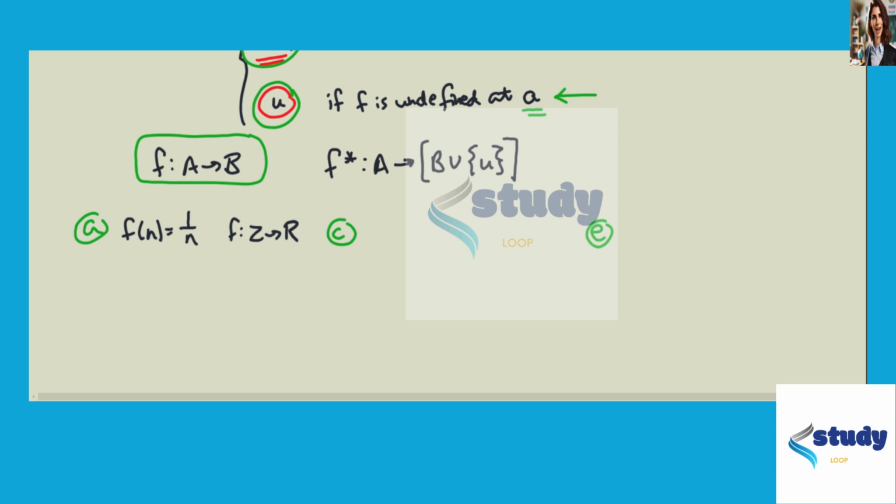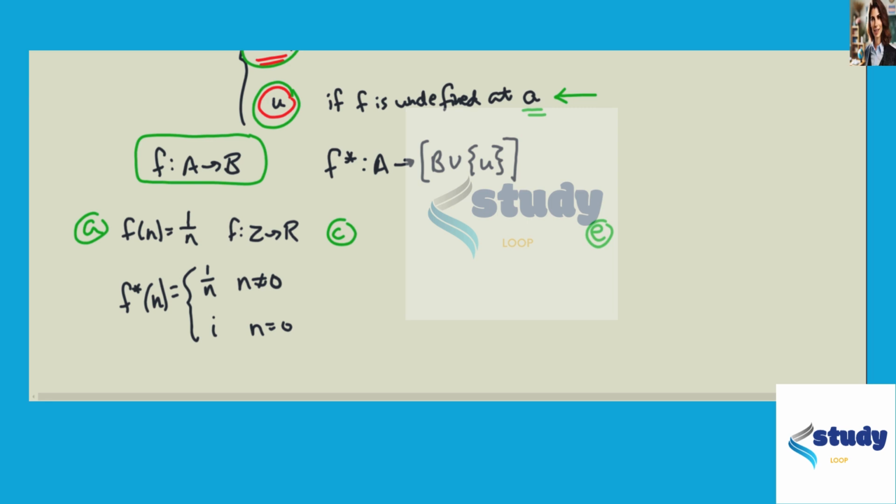So if I wanted to put the f star for this function, any value for n for which the function is defined will stay 1 over n. Anything else will go to i. Now, the only number for which this function is undefined is 0. For everything else, I can stay with the function. So that's how I would define f star for this function f of n.